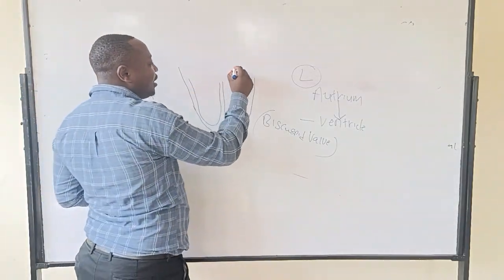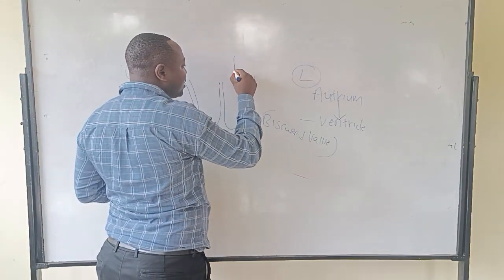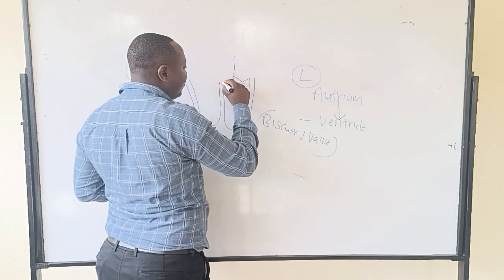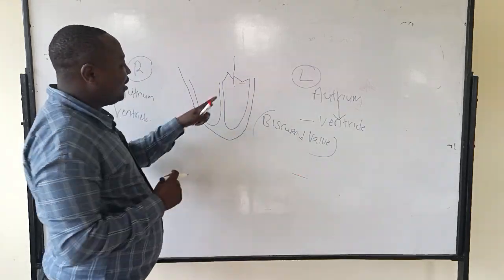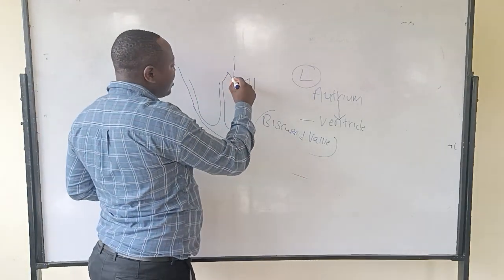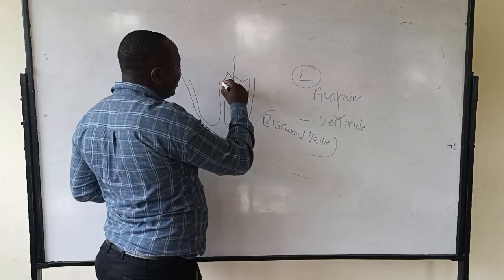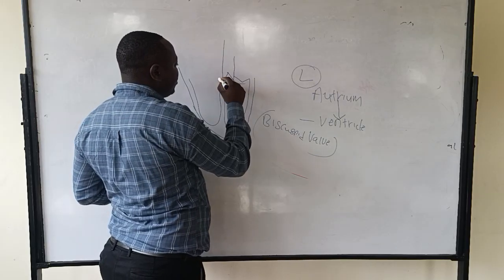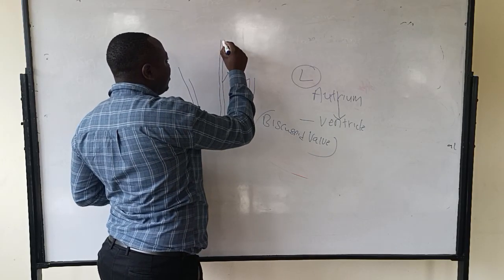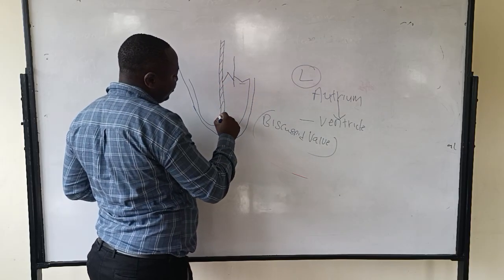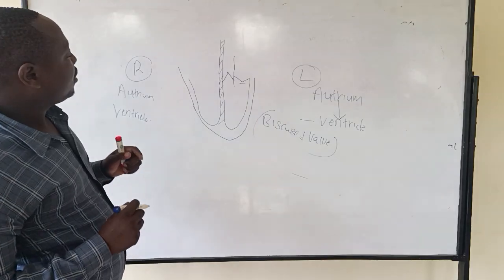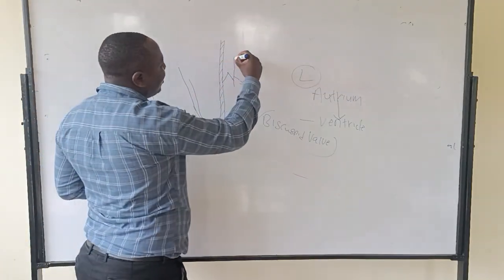Then on the same side next to it, we have another valve, which is facing upward, and this is a continuation of the cardiac septum.